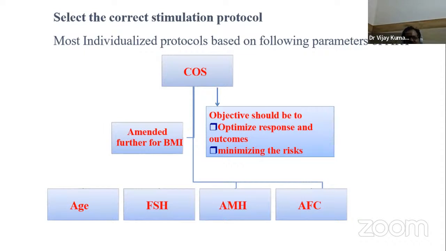Depending on that, we start the gonadotropin dosage. Suppose the patient is elderly, about 35, more than 35 years, in whom the ovarian reserve has come down. In such patients, it's important that you start with the higher dose, because the low dose gonadotropins will not be sufficient for her.